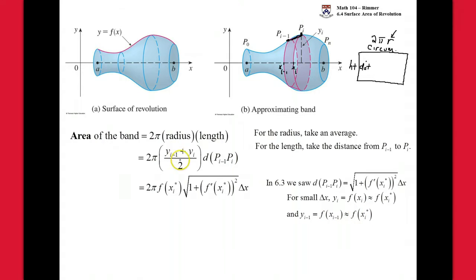So you have 2 of them here, divided by 2 that cancel. You just have f at x_i star. We have the 2 pi, and this would be the radius, this would be the height, the length, the height of the rectangle.